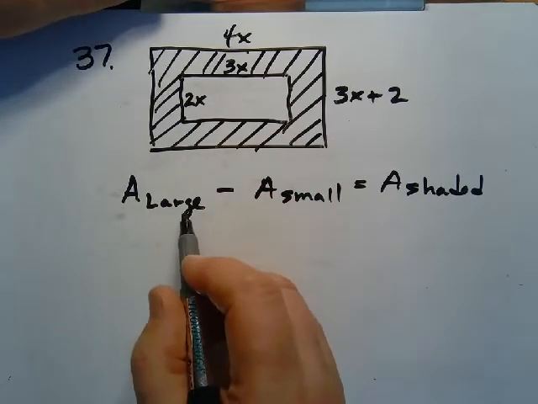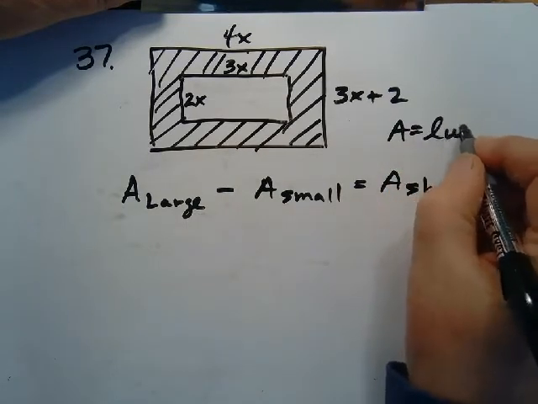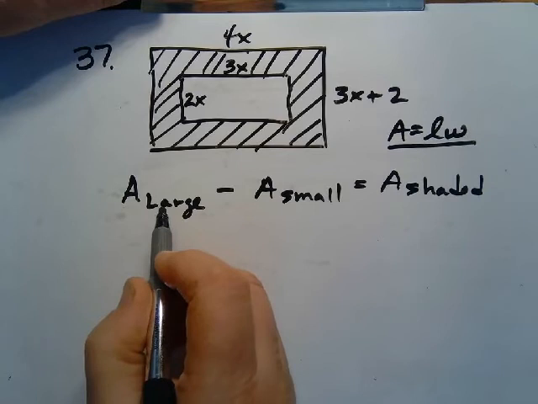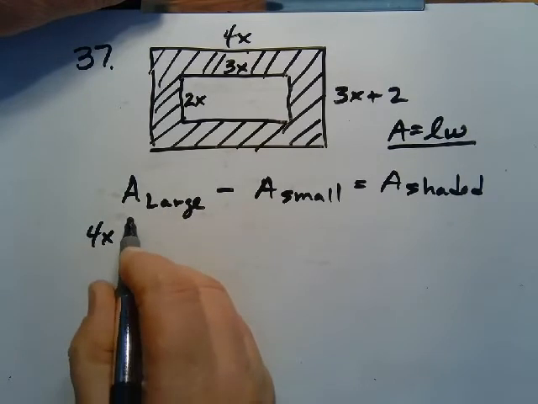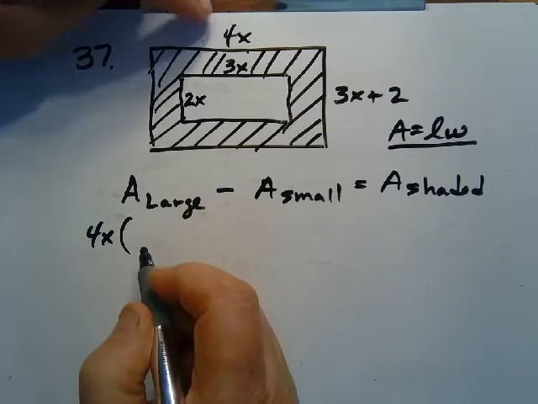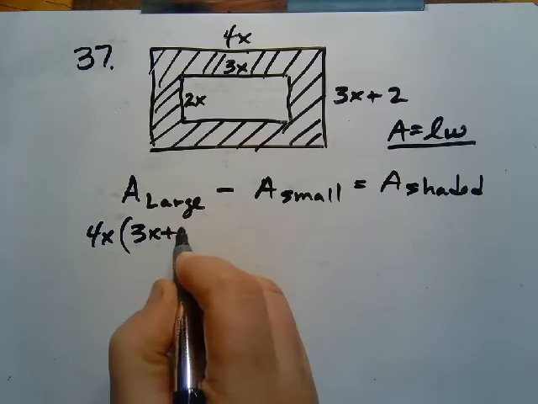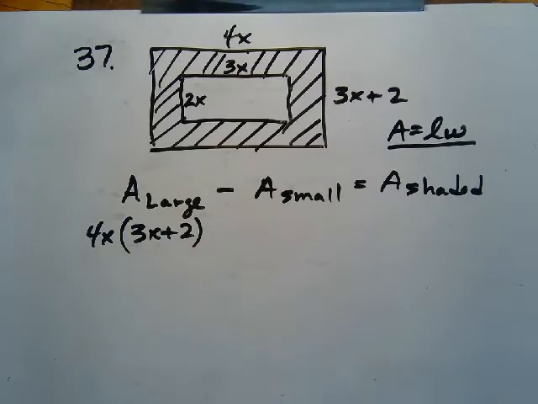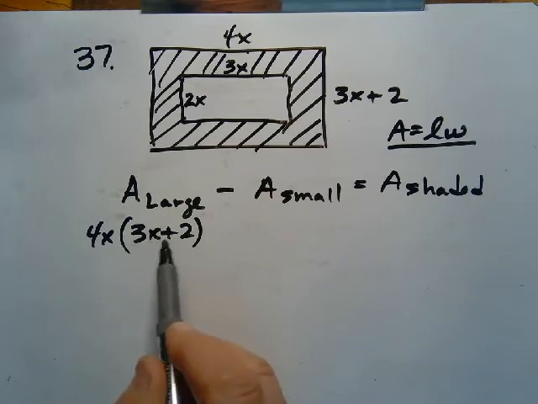So the large rectangle, well, the area for a rectangle is length times width, isn't it? So the area of this large rectangle, well, the length is 4x, right up here, and the width is 3x plus 2. Notice I'm putting it in parentheses because I have to multiply the entire thing. The whole thing is the width here.